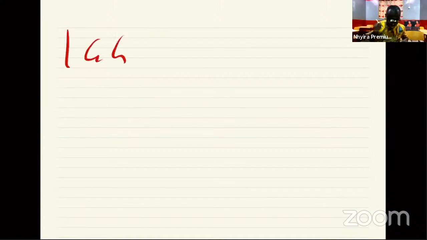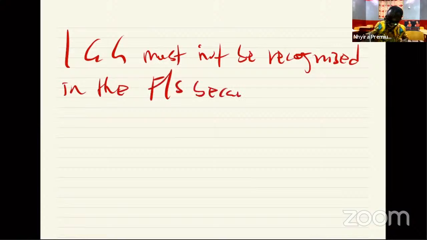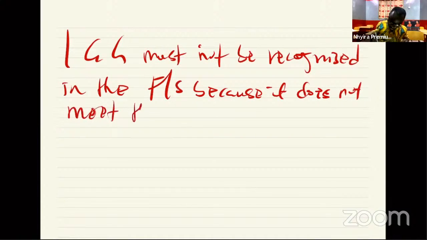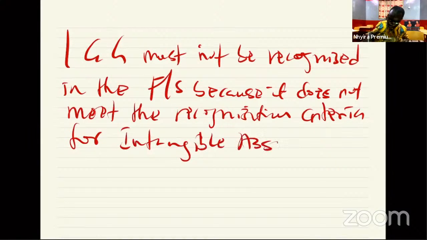So, IGG, internally generated goodwill, must not be recognized in the accounts, in the financial statement, because it does not meet the recognition criteria for intangible assets. So entities, organizations, companies are prohibited from recognizing internally generated goodwill.